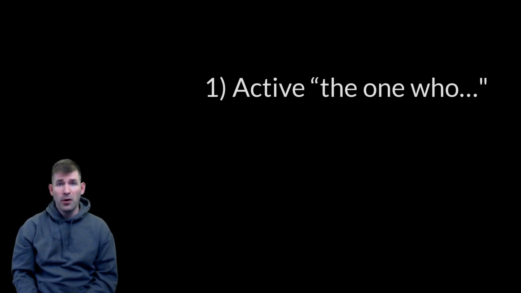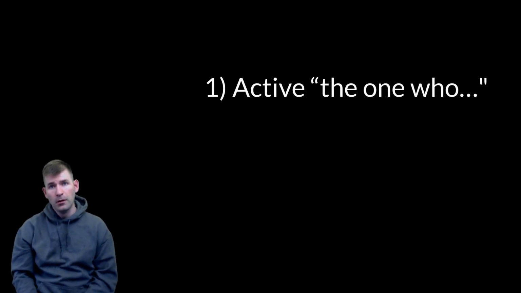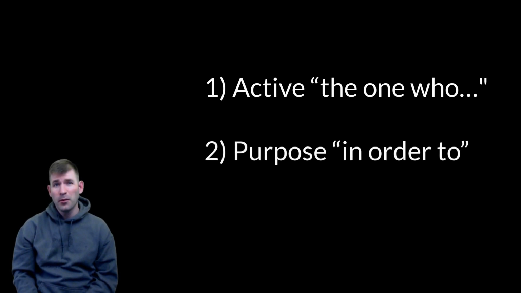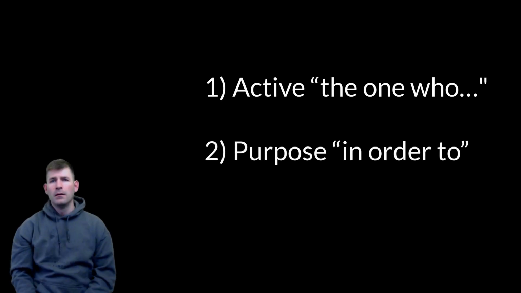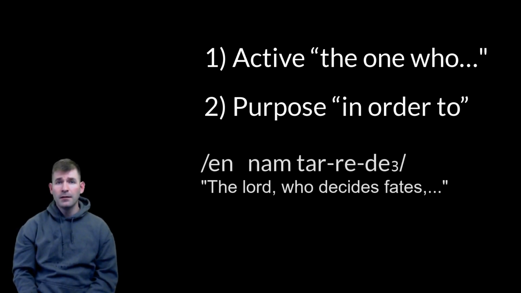The specific meaning of the participle is sometimes unclear or debated, but for our purposes, the best way to translate it initially is either one, like an active participle, the one who, or two, like a purpose clause, in order to. So if you see en, nam, ta re da, you would begin by translating it, the Lord who decides fates.